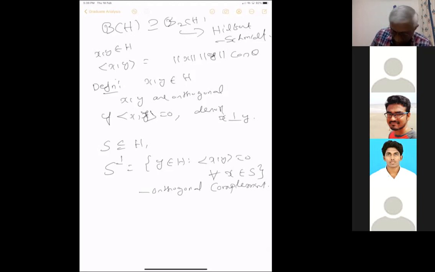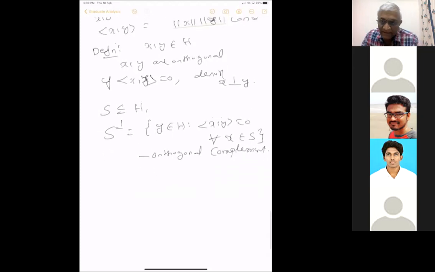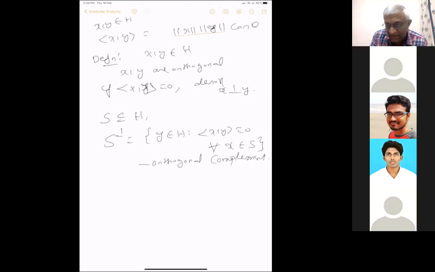The nice thing about orthogonality is that if you have a set which is closed and convex, then from a point you can find a point in the set which has minimal distance from it. That occurs with orthogonality: that vector will be orthogonal to this. That is the proposition we want to prove.